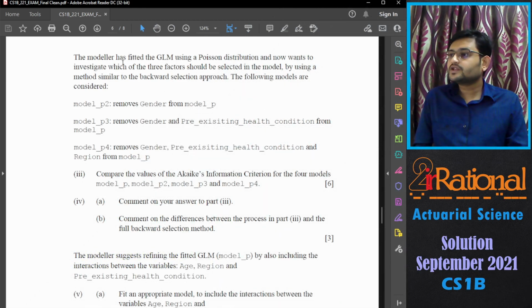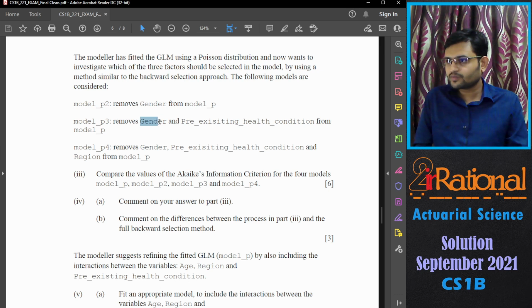For the next part, the modeler has fitted the GLM using a Poisson distribution and now wants to investigate which of the 3 factors should be selected in the model by using a method similar to the backward selection approach. The following models are considered. So we have model_P2 where gender is removed from model_P.